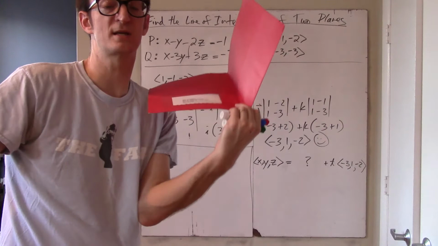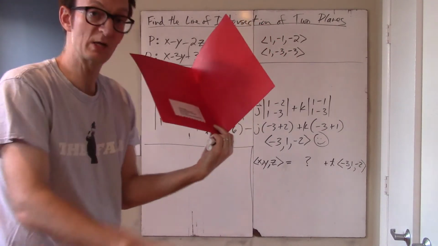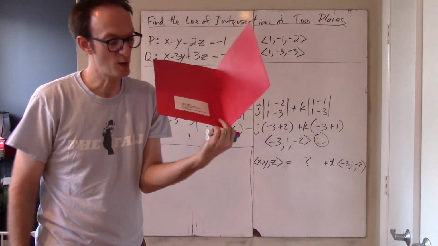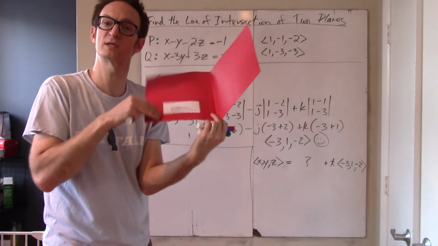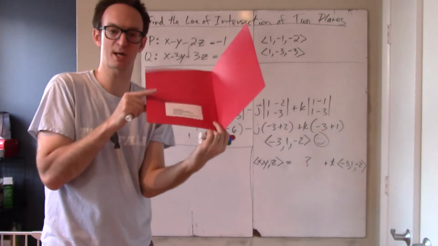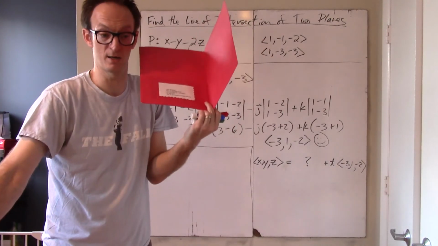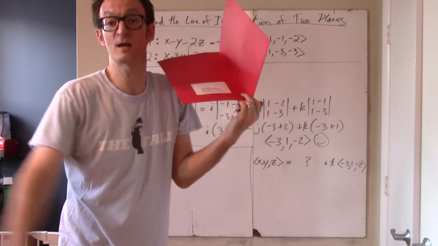The ground is the place where the z coordinate is 0. And so if the z coordinate is 0 everywhere on the ground, then here's what I want to do. I'm going to consider the first plane, this one over here with this kind of white label on it. This plane is going to hit the ground somewhere. Wherever this plane hits the ground, that's going to be a line.